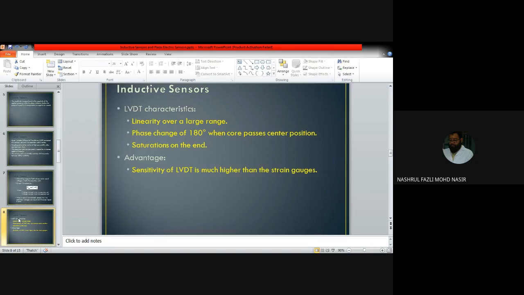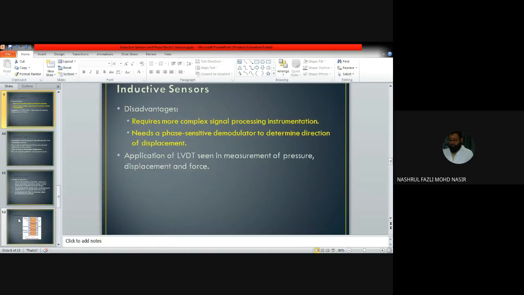That's why it can be so cheap. One equipment is expensive, but the function is the same: you just want to measure weight. However, there is a disadvantage for the inductive sensor.